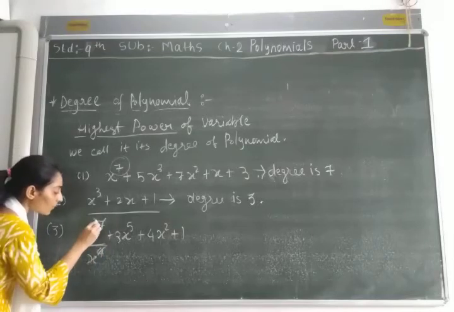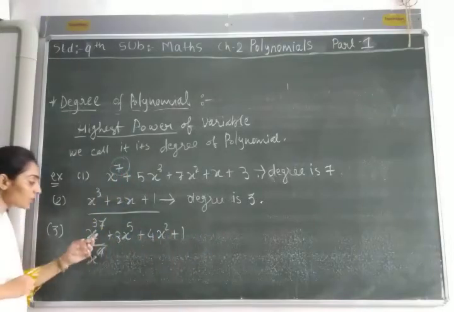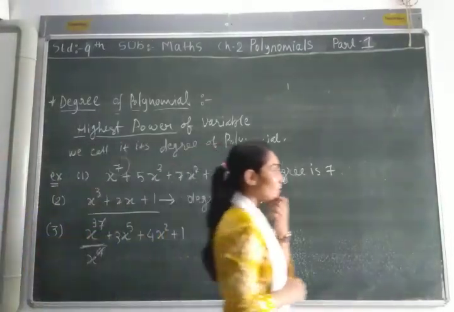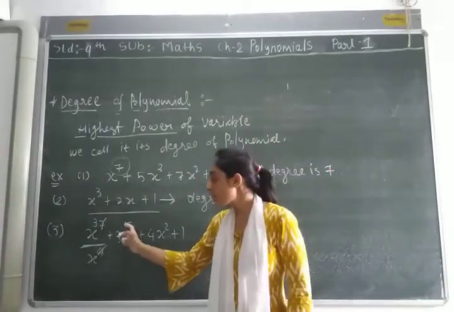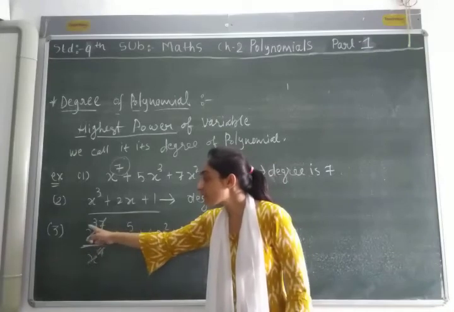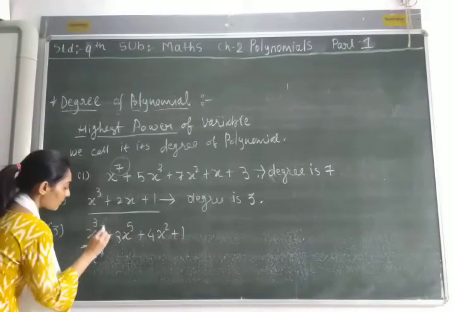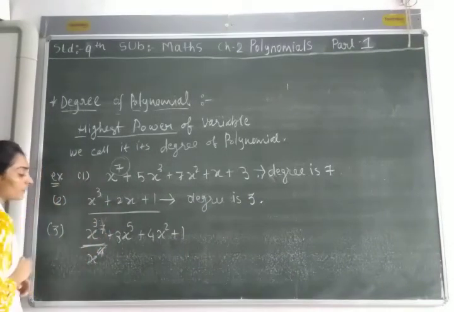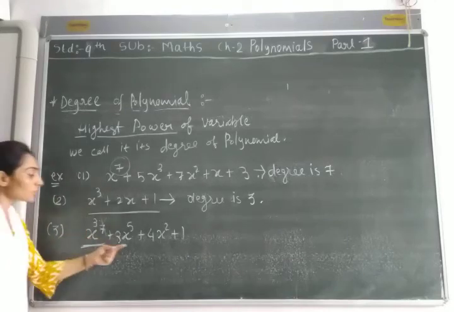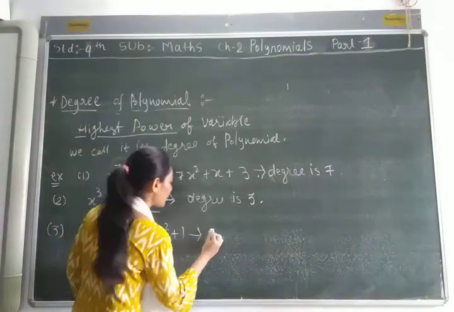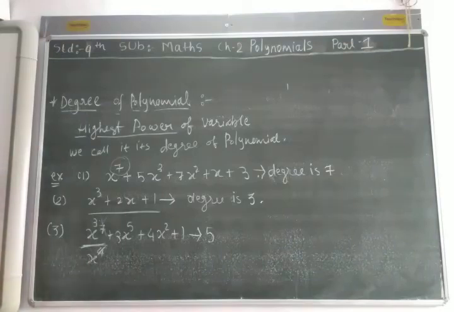So cut it down, what is left is x to the power 3. The second term is x to the power 5. Firstly 7, then I cut it down with the denominator, so the remaining is x to the power 3. So the degree is 5. Understood how to solve this one?